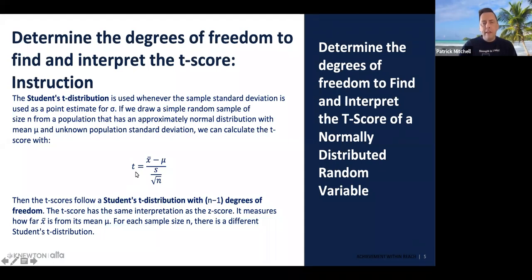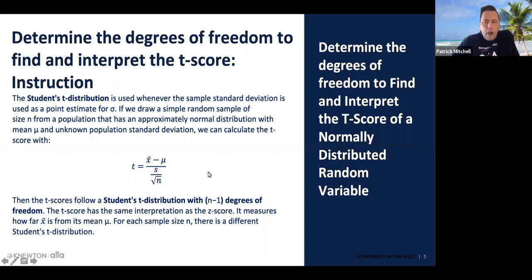Notice that this is the same formula that we used when we were dealing with sampling distributions. One difference: when the population standard deviation was known, we used sigma here, and that was a z-score.